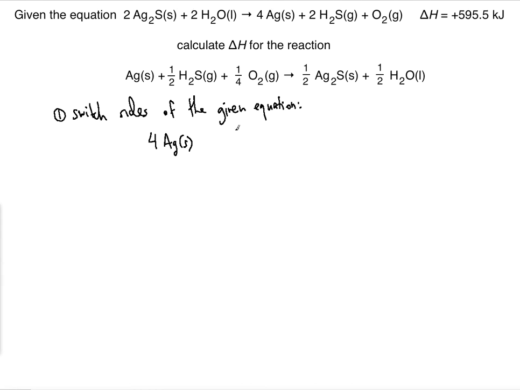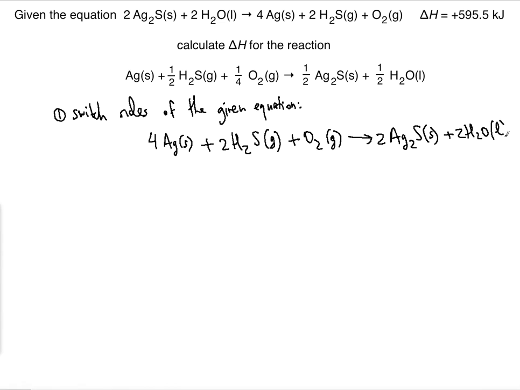So 4HgS plus 2H2S gas plus O2 gas, which produces 2Hg2S solid plus 2H2O liquid, right?